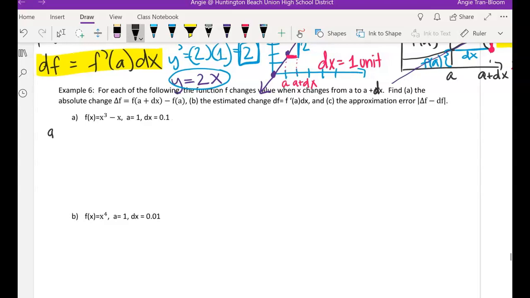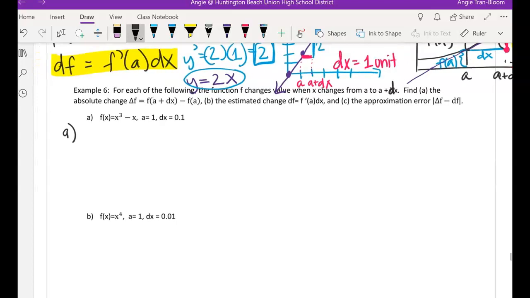So part A, we want to find the actual change, the absolute change. So actual change is y2 minus y1. In this case, it's f of a plus dx minus f of a. And they gave you a is 1, dx is 0.1, minus f of 1.